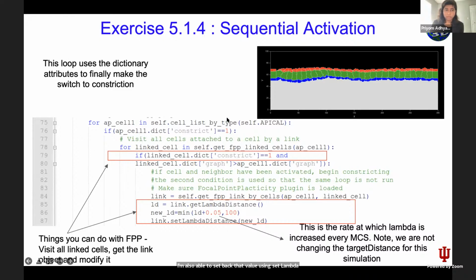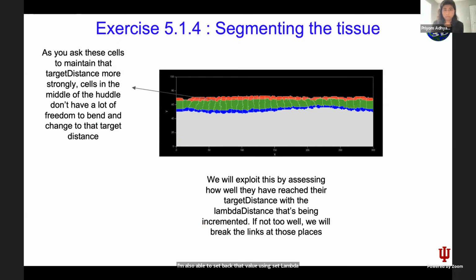Okay. So once this has been done, we want to now implement some sort of breaks in the tissue to form these little clusters that I was showing you a few slides ago. One way to do this is by looking at the simulation of a sequential passing wave and realizing that if you're a cell at the extreme boundary, you have more space to maneuver and try to match the target distance.